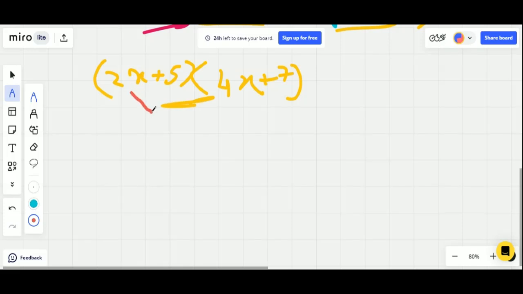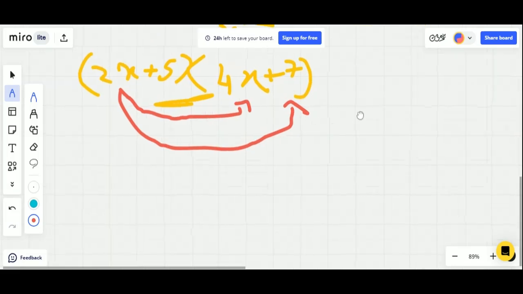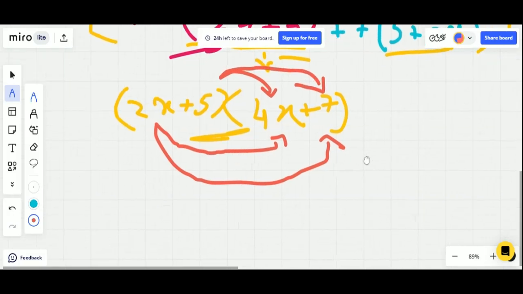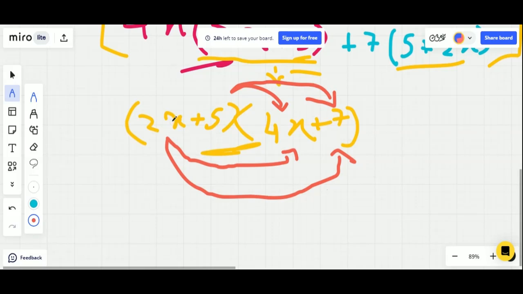I'll first multiply 2x and 4x, then by the same factor, I'll be multiplying 7. Like that, 5 multiplied by 4x and 5 multiplied by 7. Now this is expansion.